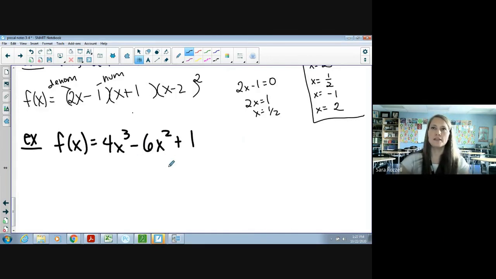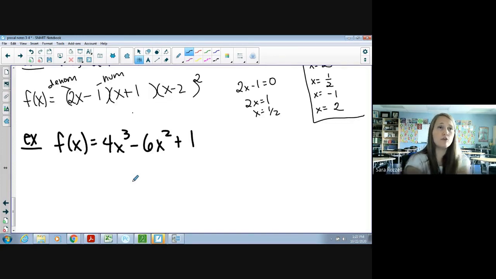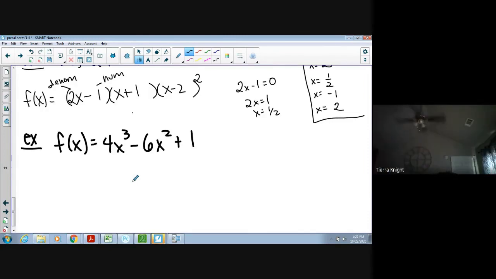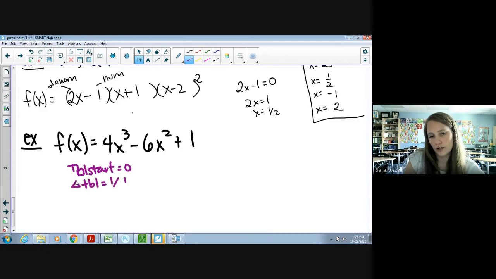But if we're typing this in the calculator to figure out what our 3 roots are, do we have to change the table set? Yes, because the number in the front's a 4. So the table start is 0 and the leading coefficient is 4. So your change in table will be 1/4. So your table start, you have to do 0. Your delta table equals 1/4.